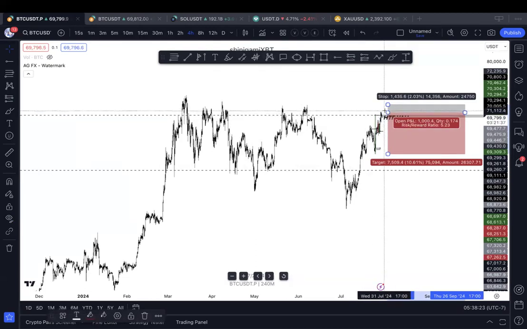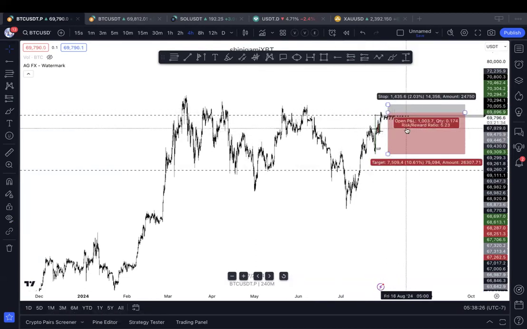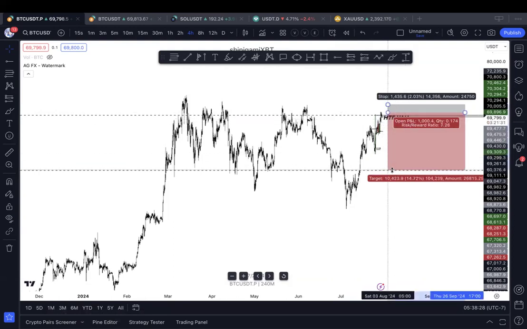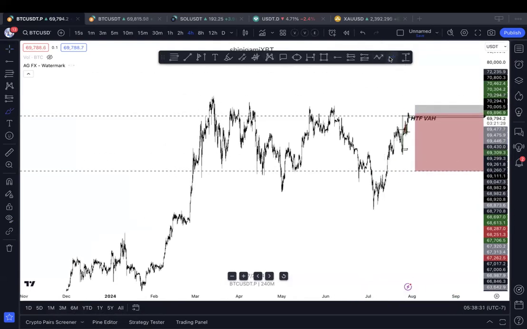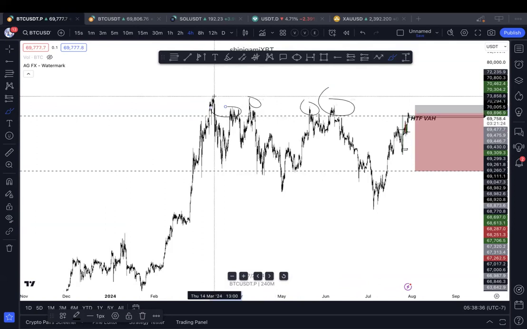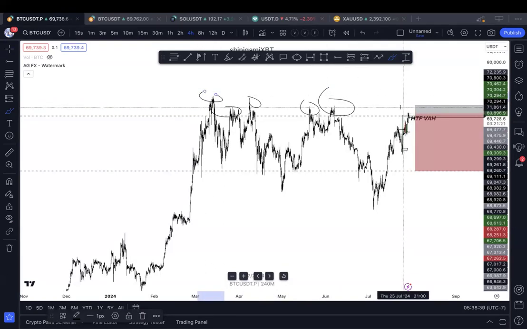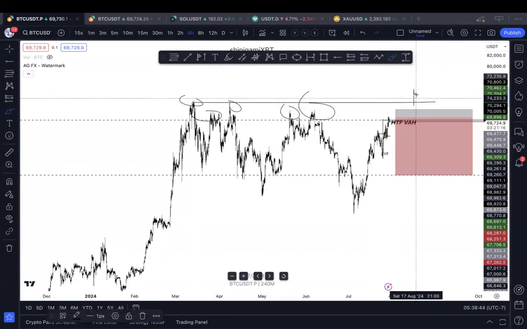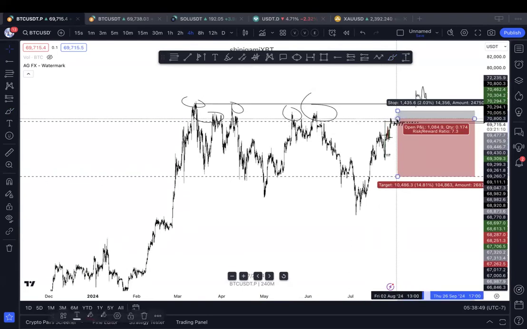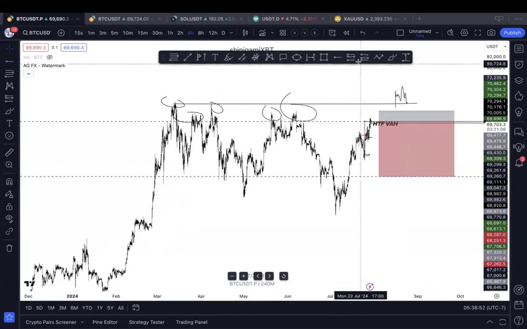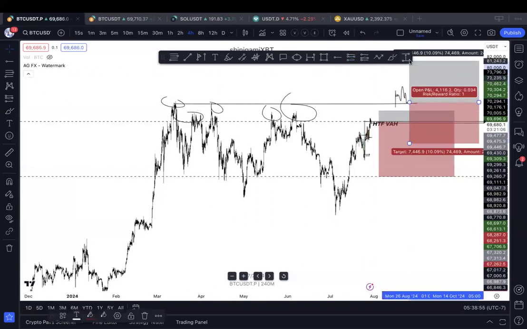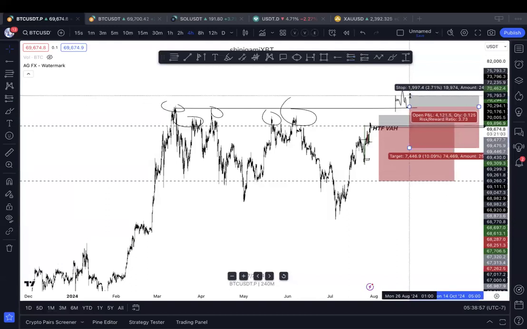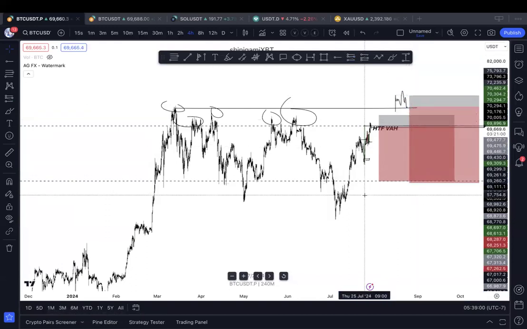It comes in there and rejects and comes back into the higher time frame value area high, and that's where you want to try to short. But these highs have held so many times, one, two, three, four, five, and this would be the fifth time. And most times on the fifth time, it's likely that it gives a blow to those highs. So I'm interested in shorting when it reclaims back into the higher time frame value area high, or when it SFPs 75K or the 80K itself, and then shows back to the value area lows.